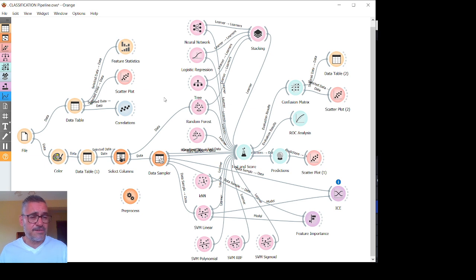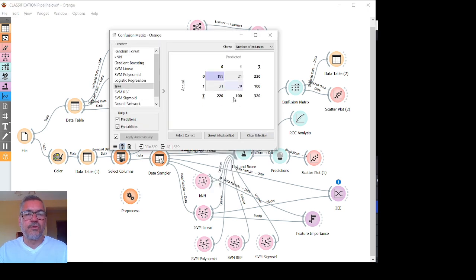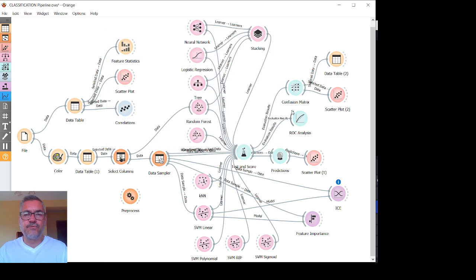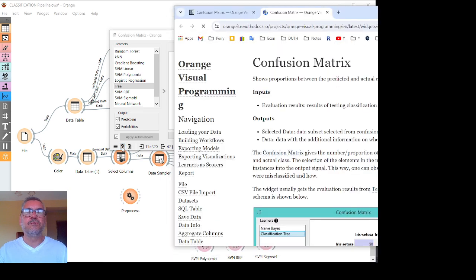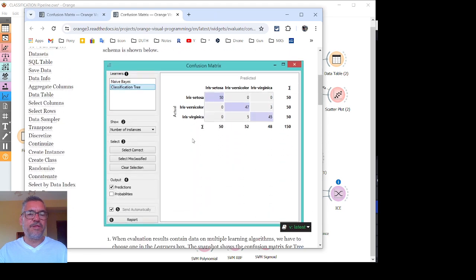Anything you do not understand, just search on the internet. There is excellent documentation by Orange. Let me show you. For example, we are here in the confusion matrix. You don't know what the confusion matrix is, so you want some details. If you press the question mark here, you get the documentation. Your browser opens and you get all the information.